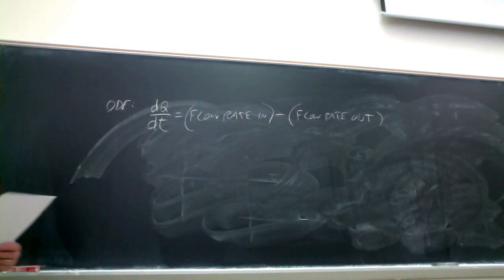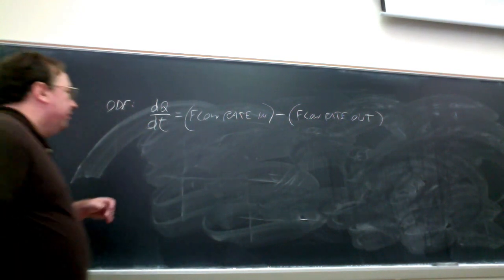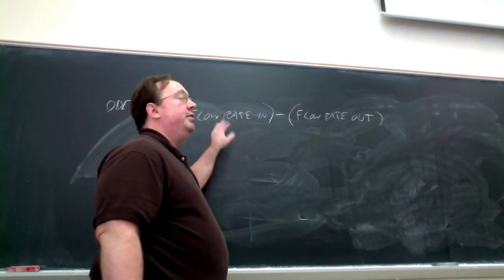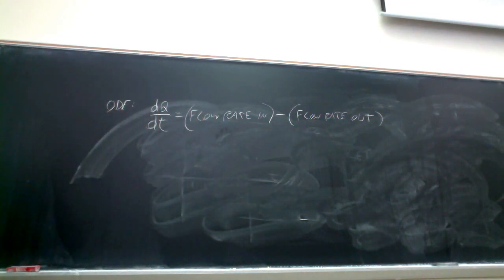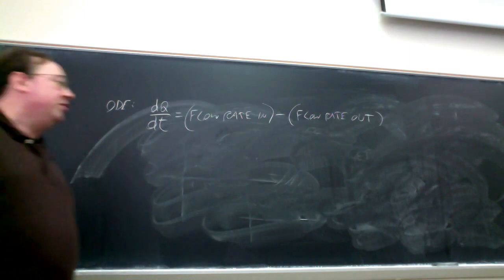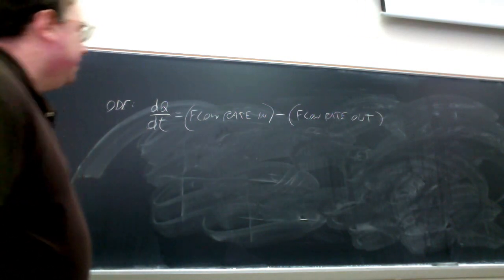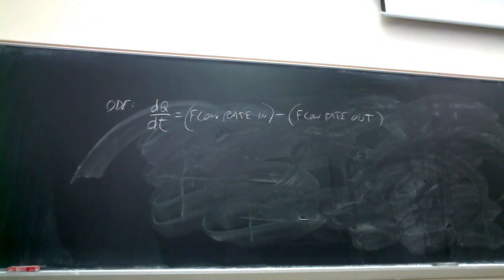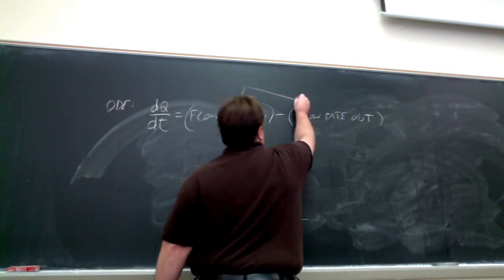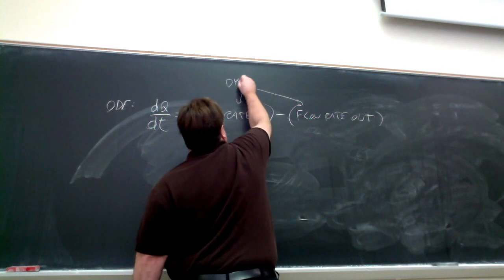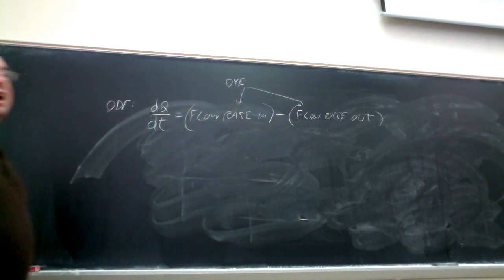In other words, the amount of substance that's coming in per unit of time, and then we're deducting what's leaving. Now, based on the picture, Q is the amount of dye. So what I mentioned here is flow rate in, flow rate out for dye.